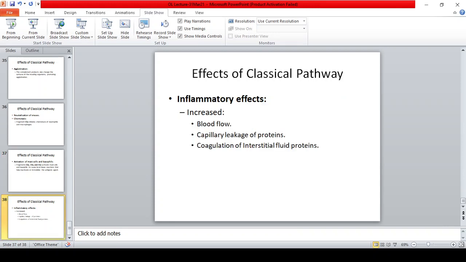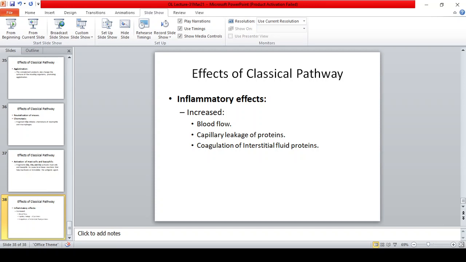Now lastly, there are inflammatory effects caused by these products of the activation of the complement system: there's increased blood flow, increased capillary leakage of the proteins, and increased coagulation of the fluid proteins.